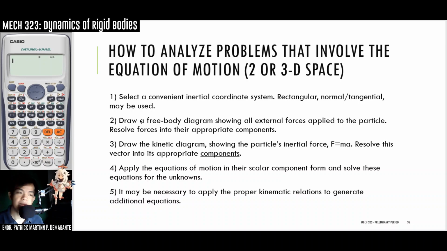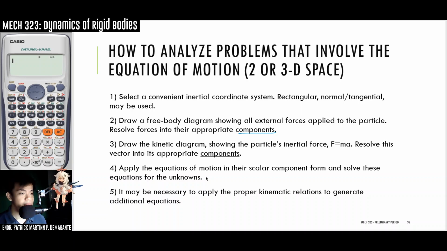Now, draw free body diagram showing all external forces applied to the particle. Resolve their forces into their appropriate components. Yan yung X, Y, and Z, if may Z, kung 3D tayo. Then draw the kinetic diagram. Kinetic diagram, ayan na yung ating acceleration.